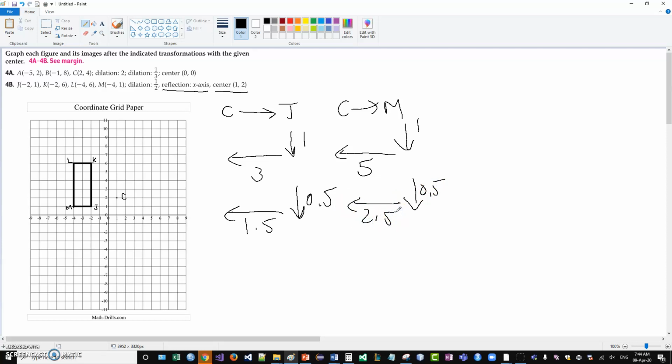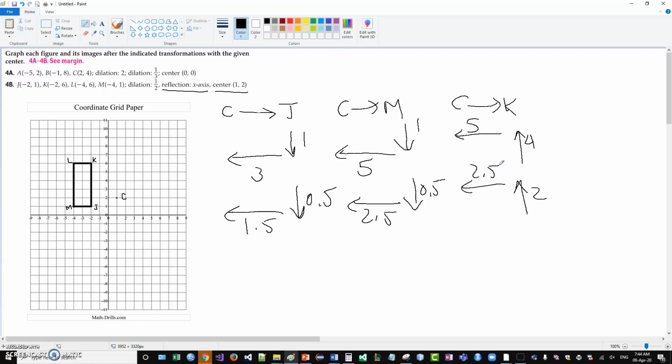And then from C to K, we're going up 4 and then left 5. Multiply that by half, so we're going up 2 and then left 2.5.